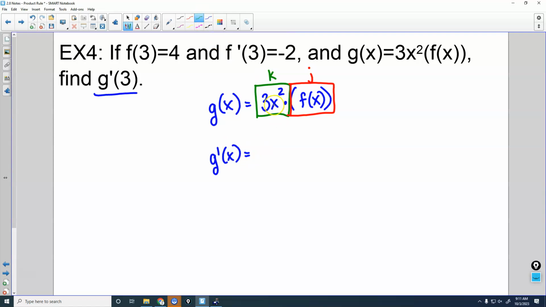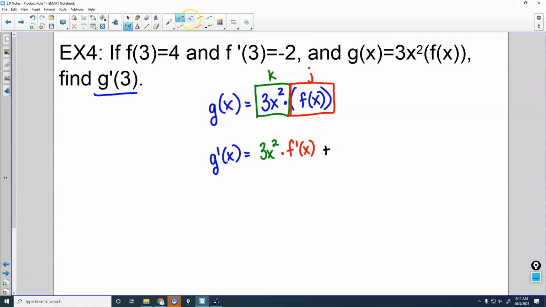So when we take this derivative, we have to do our K, which is 3x squared, times the derivative of J. What is the derivative of f of x? F prime of x. We don't know what the function is, but we can call it f prime of x, right?